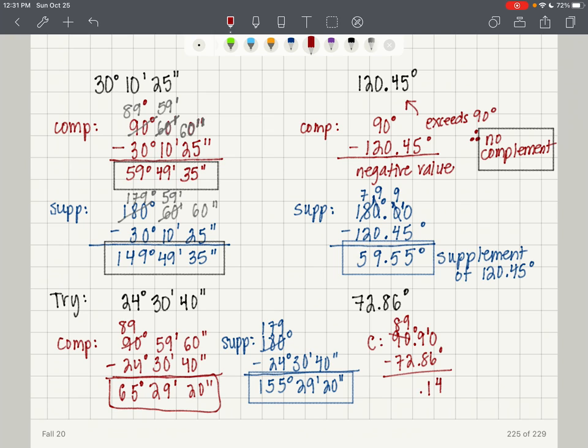So we'll have 17.14 degrees, and the supplement is 180 minus the 72.86, and that will be 179, 9, 10, 107.14 degrees. So here's our supplement, and here's our complement.